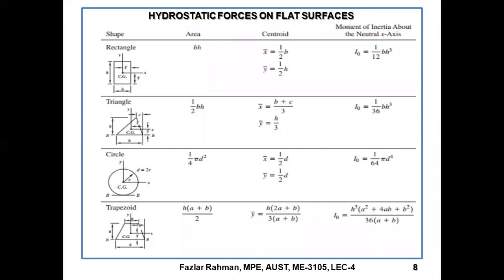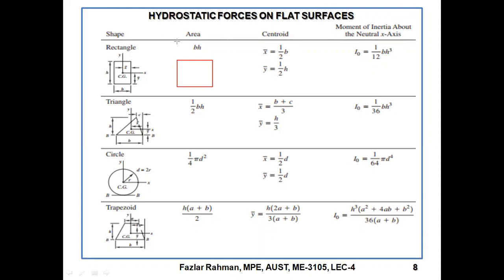Now, you see right over here, there is a sample calculation data sheet. If you have a rectangular object, then how much will be your xcg, ycg with respect to the Cg of the object. So area will be b into h, right?